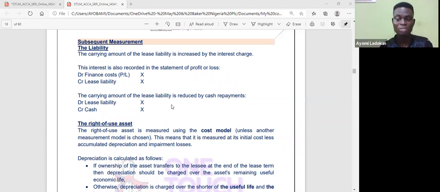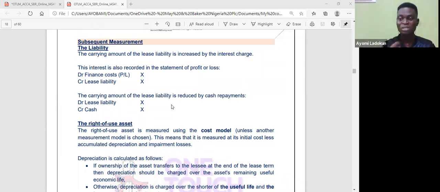So that means you debit P or L, that's the finance cost, then you credit lease liability, because the carrying amount of lease liability will be increased by interest charge. Remember, you gave me my interest rate implicit in the lease, or lease's incremental borrowing rate. Then two, the carrying amount of lease liability will be reduced by cash payment.